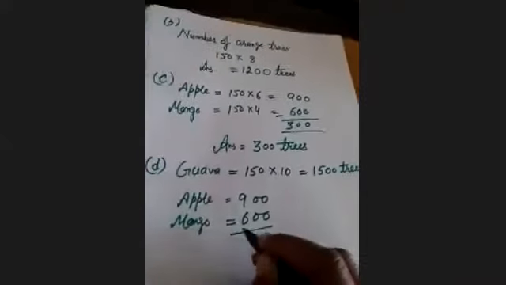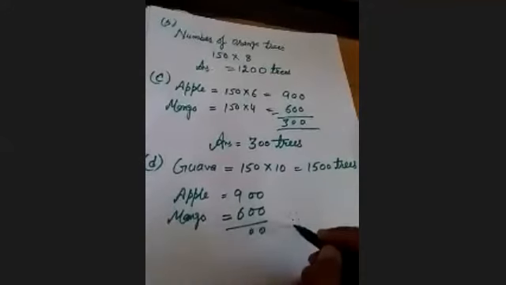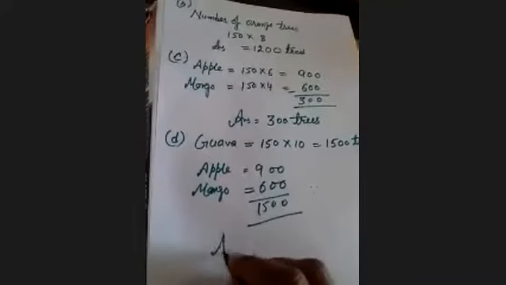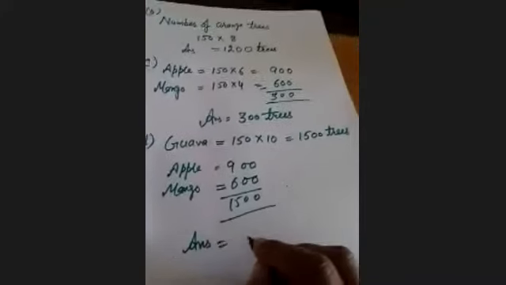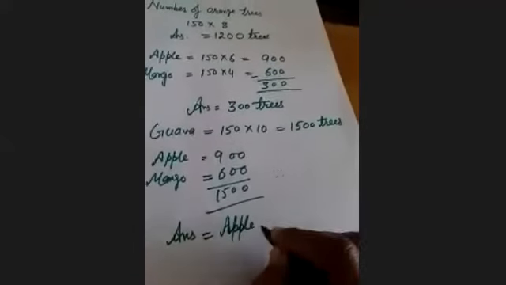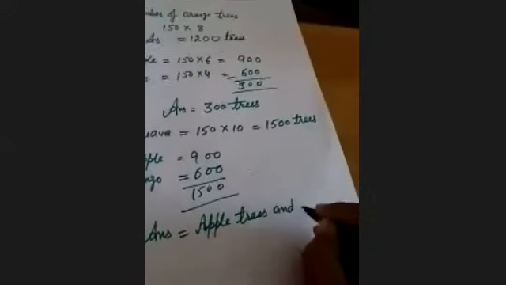Now add, 1500. So our answer is apple trees and mango trees.